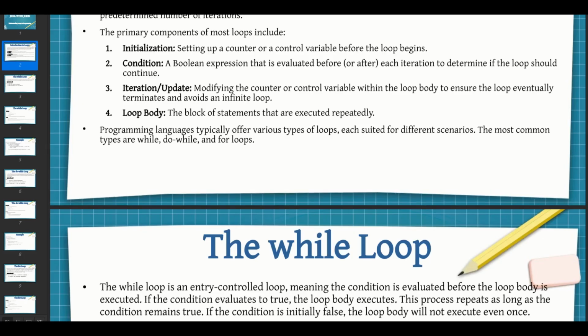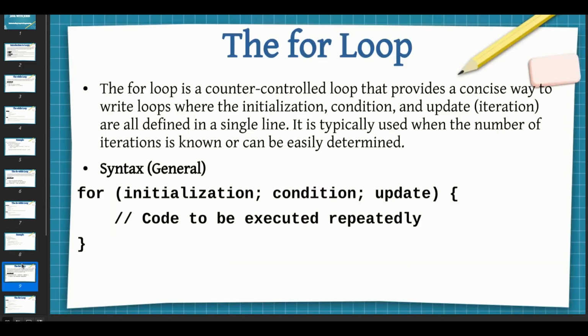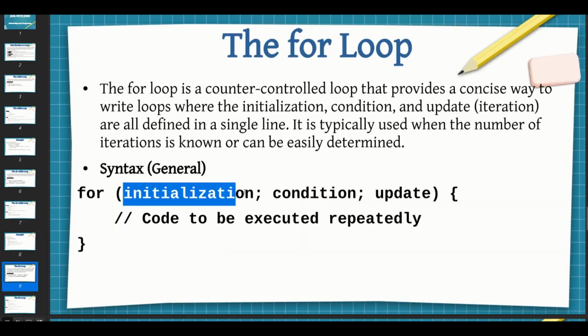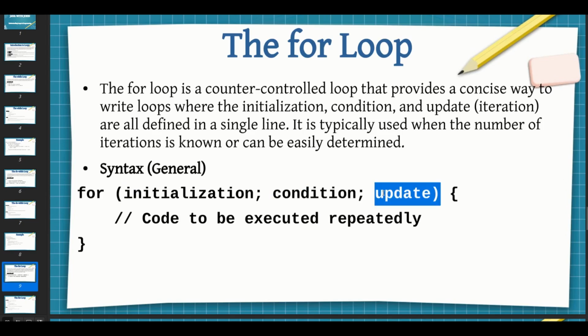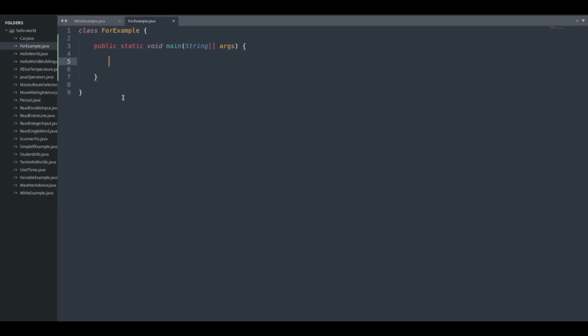The beauty about the for loop is this. The three parts that we talked about, initialization, condition, and the update or the iteration, are all within the brackets of the for keyword. That's the beauty about the for loop. It works the same. Ideally, the whole concept is the same.